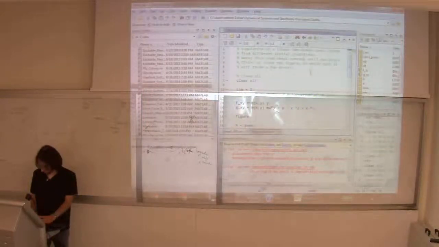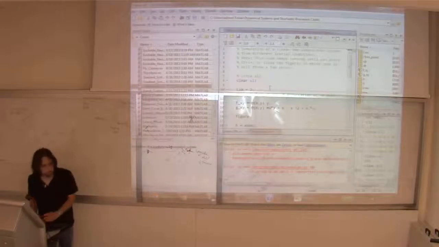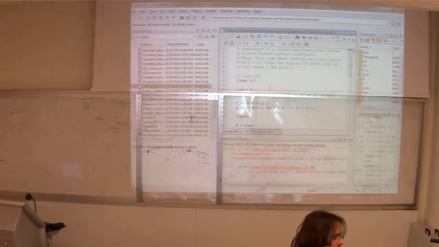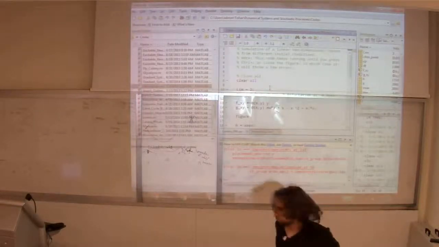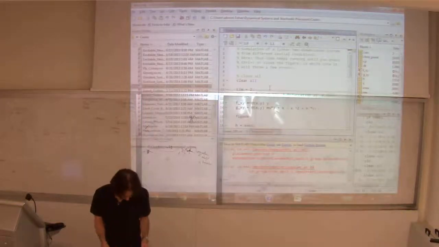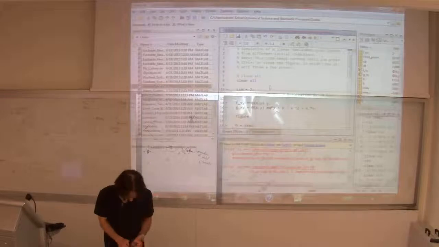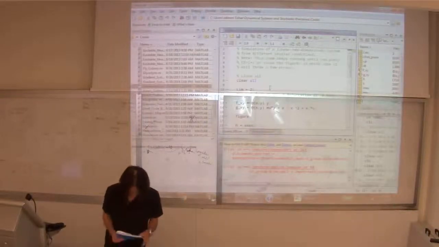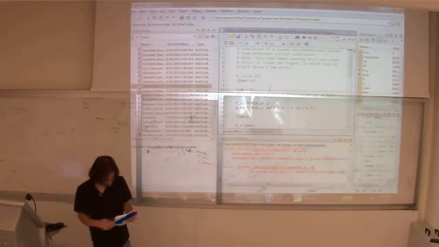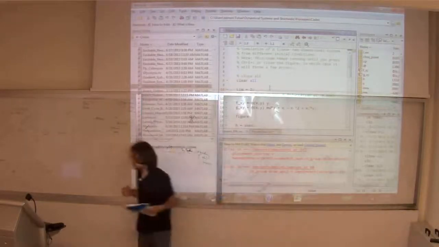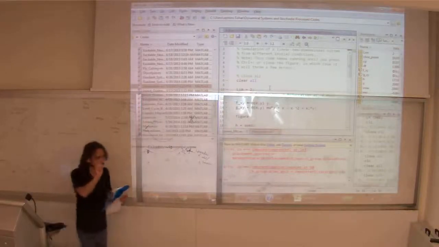But according to what you drew before, if it flows to the saddle and goes out and comes back to the saddle, no? Wait a minute. With the homoclinic orbit, the homoclinic orbit should occur only at the bifurcation point.